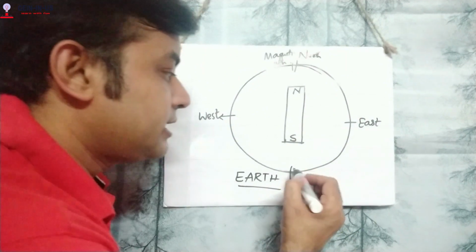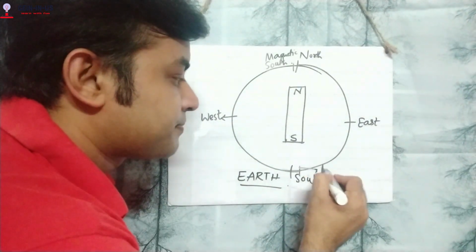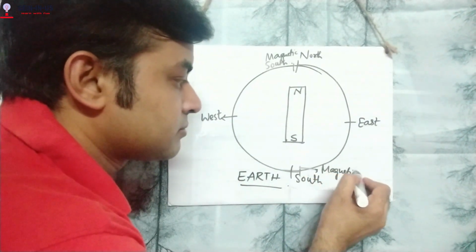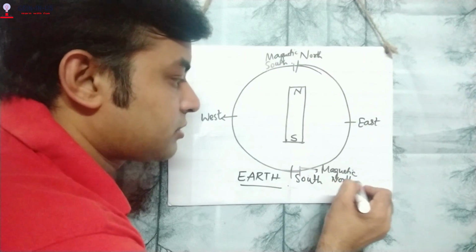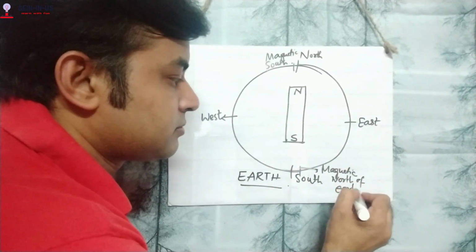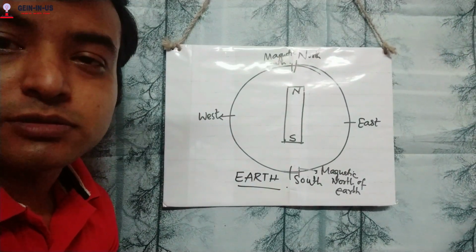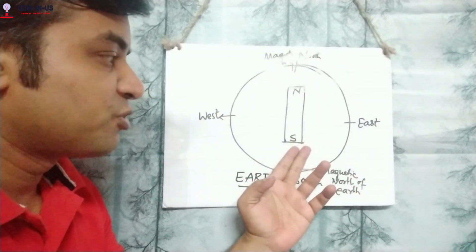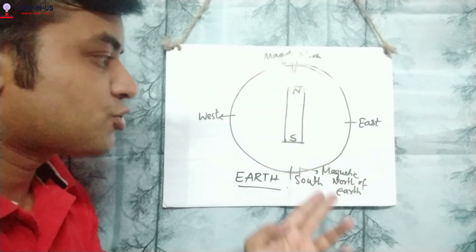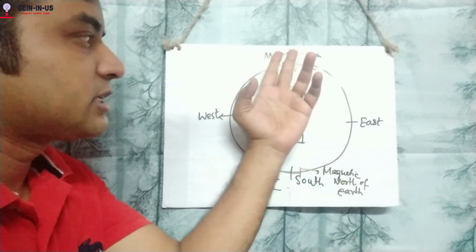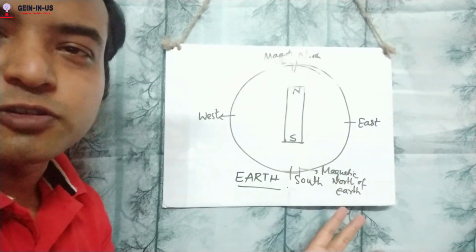And on this side there is a magnetic north pole of the earth, which attracts the south pole of this magnet. So these two poles are there, the magnetic south pole of the earth and the magnetic north pole of the earth.